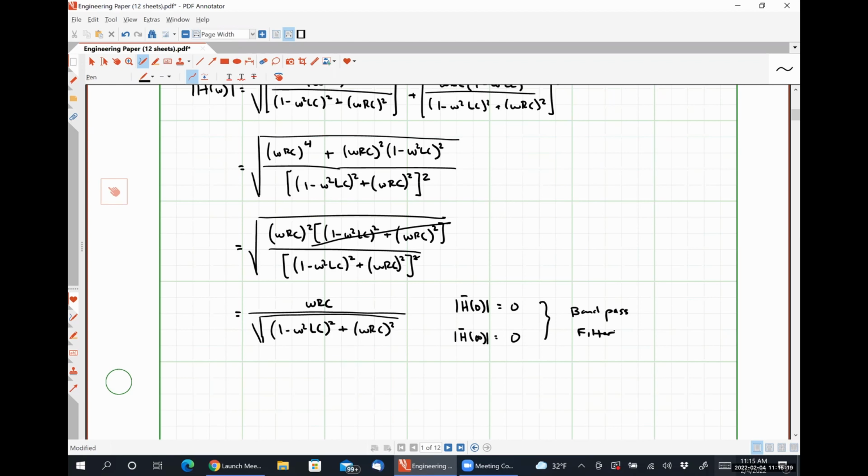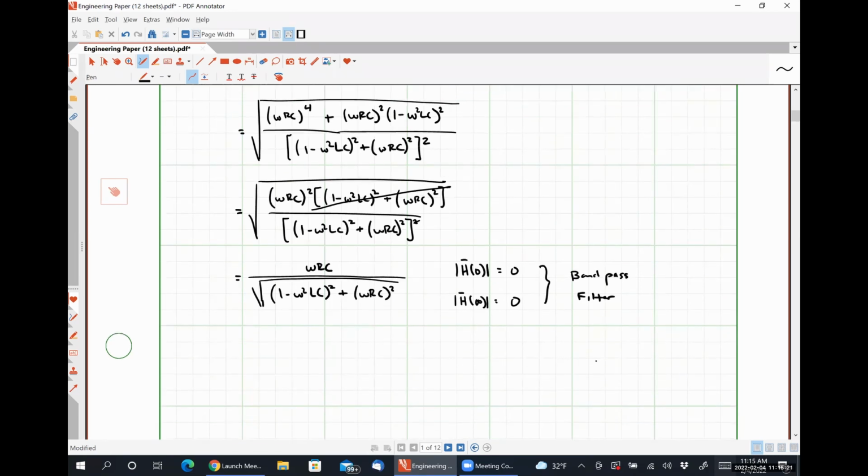So for our band pass filter, our corner frequencies, omega C1, and I'm also just going to call this omega low, is still just when our magnitude response is going to be equal to 1 over the square root of 2. But we're going to have two values that satisfy that constraint now.